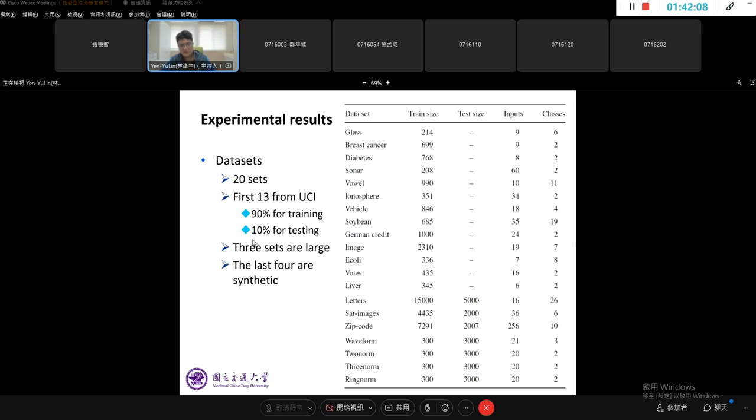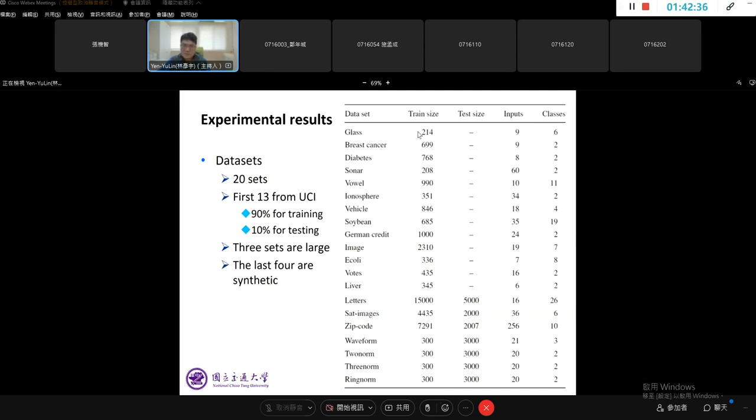The rest are used for testing. Okay, so there are 13 data sets from UCI, and the last 3 sets are large. Okay, and the last 4 data sets are synthetic.